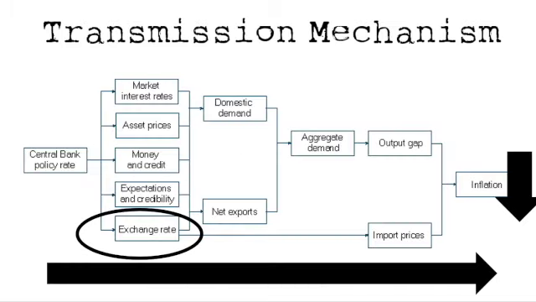So if we look at the whole transmission mechanism, we've got the central bank policy rate, which they increased, the base rate of interest. In doing so, it causes foreign firms searching for hot money to convert their currency into pounds. By demanding the pound, it'll appreciate the pound, which will mean that import prices become cheaper.